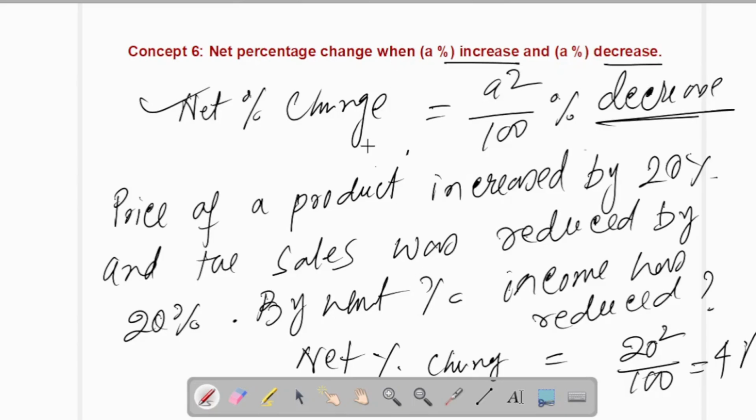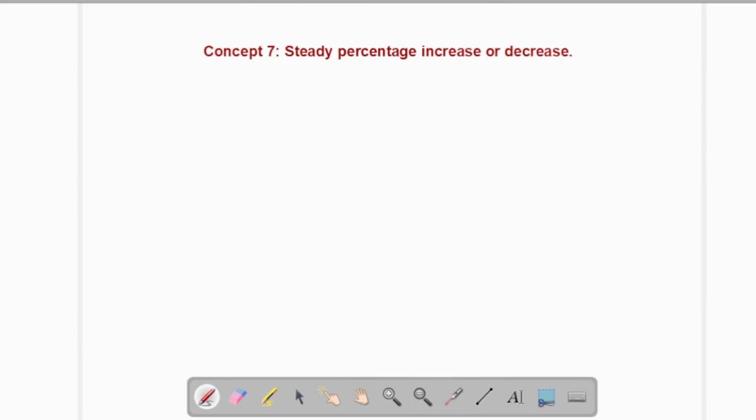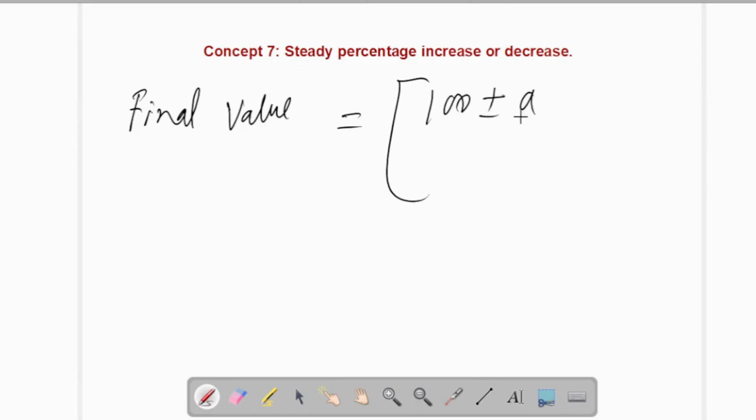Okay, so I forgot another concept which I must discuss, which is the 7th concept, the steady percentage increase or decrease. In this case, if I consider a steady percentage increase or decrease in both scenarios, then we will come around the final value using the formula 100 plus minus a divided by 100 to the power n into initial value.